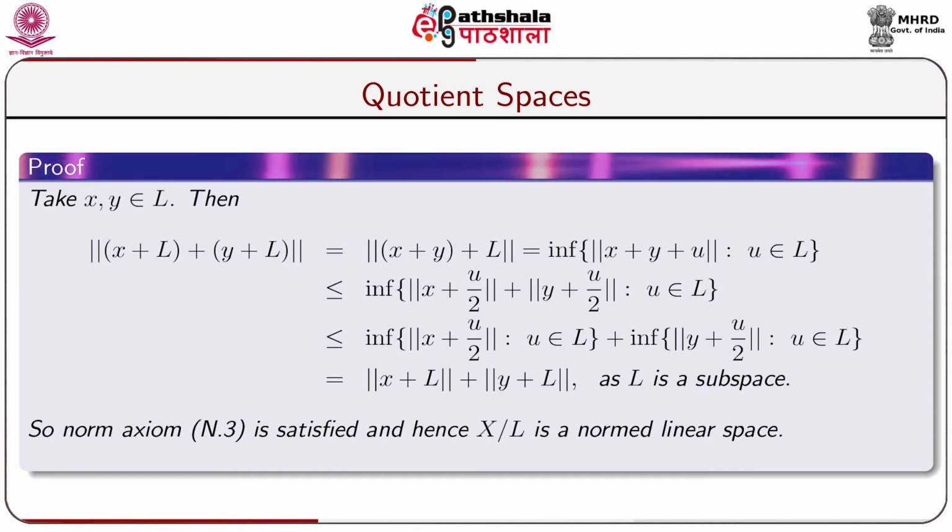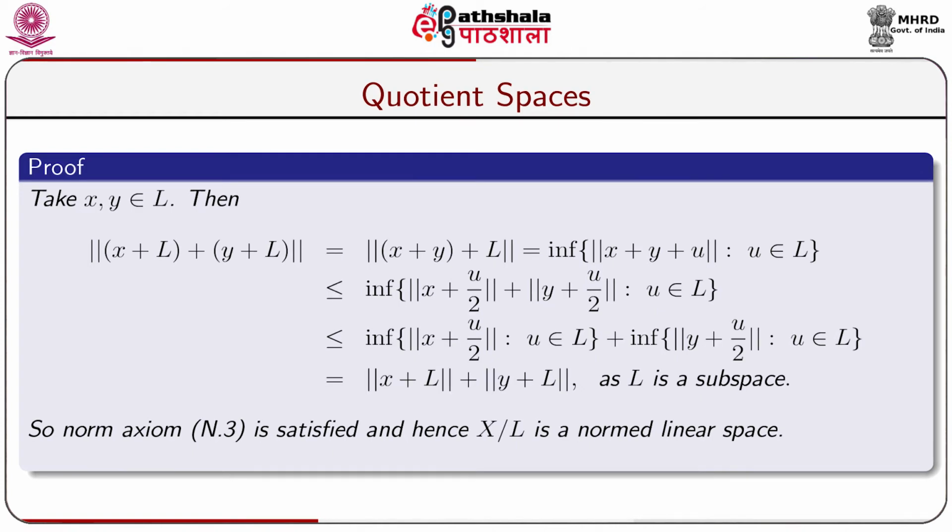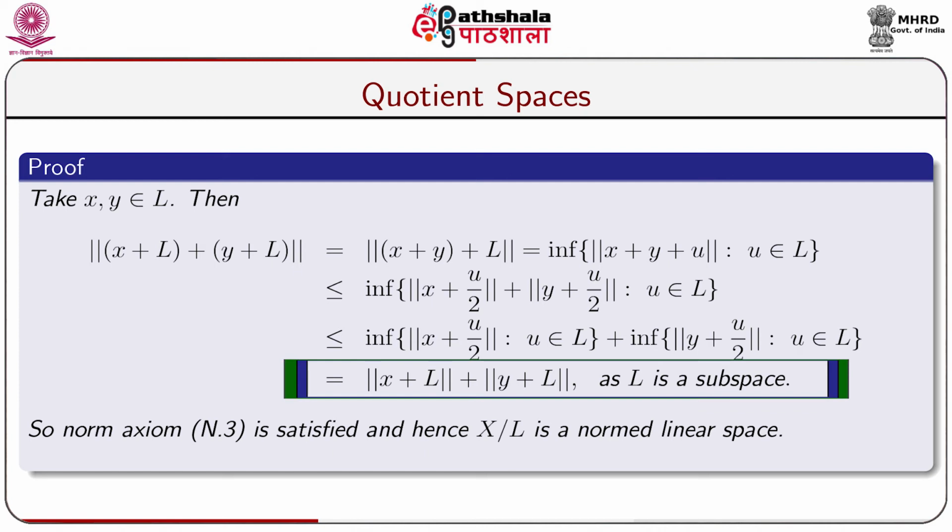Now, for the proof of the third norm axiom, let us take x comma y belongs to capital X. Then norm of x plus L plus y plus L is equal to norm of x plus y plus L, which by definition is equal to infimum of all such norm x plus y plus u where u belongs to capital L, which is less than or equal to, by mutual adjustment, infimum of all such norm of x plus u by 2 plus norm of y plus u by 2, u belongs to capital L, which is again less than or equal to infimum of all such norm x plus u by 2 where u belongs to capital L plus infimum of all such norm y plus u by 2 where u belongs to capital L, which is equal to norm of x plus L plus norm of y plus L, as L is a subspace.